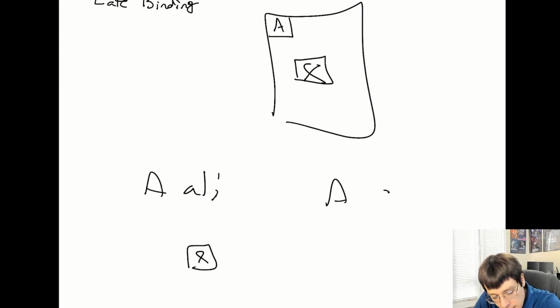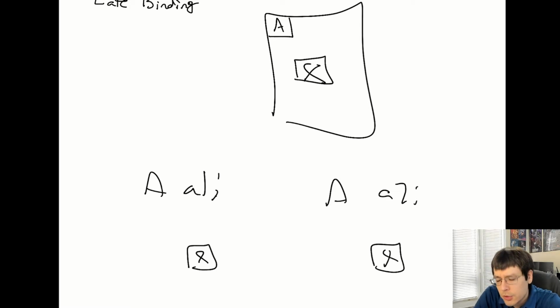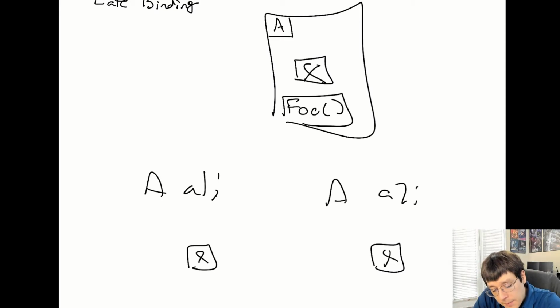And if I make an A2, it also has its own copy of the variable X, which could be an object too, but I'm just getting the idea, okay? So if you also have a function foo, it makes sense that with variables, because they each have a copy, but it makes sense to not have a copy of the function code itself on each object of the class, right? Because it's literally the same code you're running.